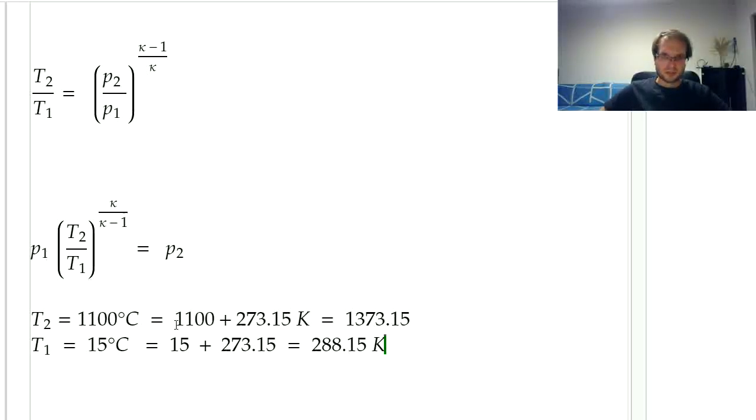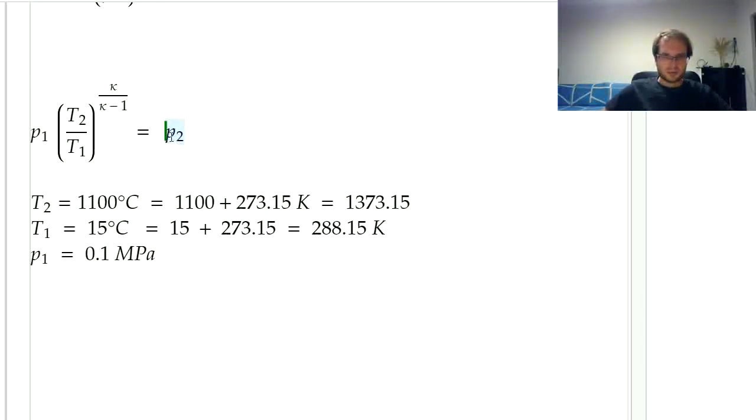Now the pressure P1 was specified as 0.1 megapascals, and because we are working with the pressure ratios, again this is just basically want to get the pressure ratio P2 over P1, so we don't need to use the basic SI units, but we can still just work with the megapascals, so just use them directly.